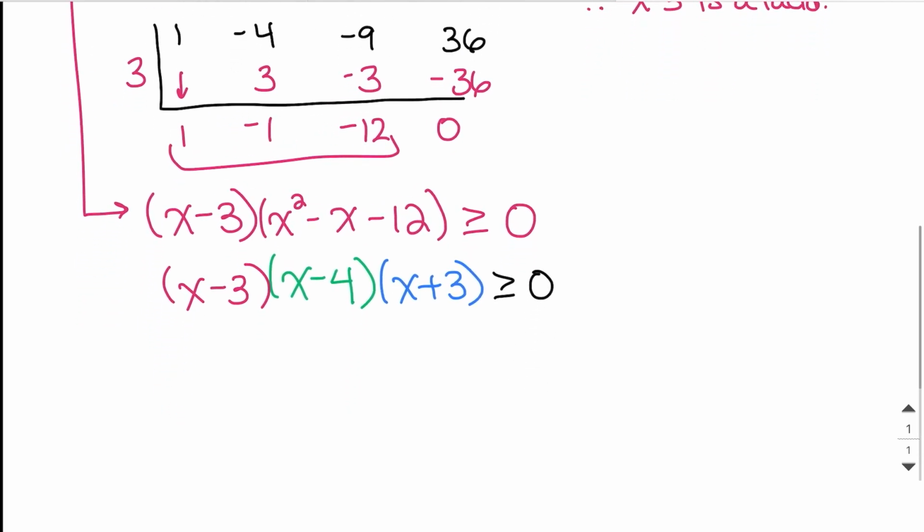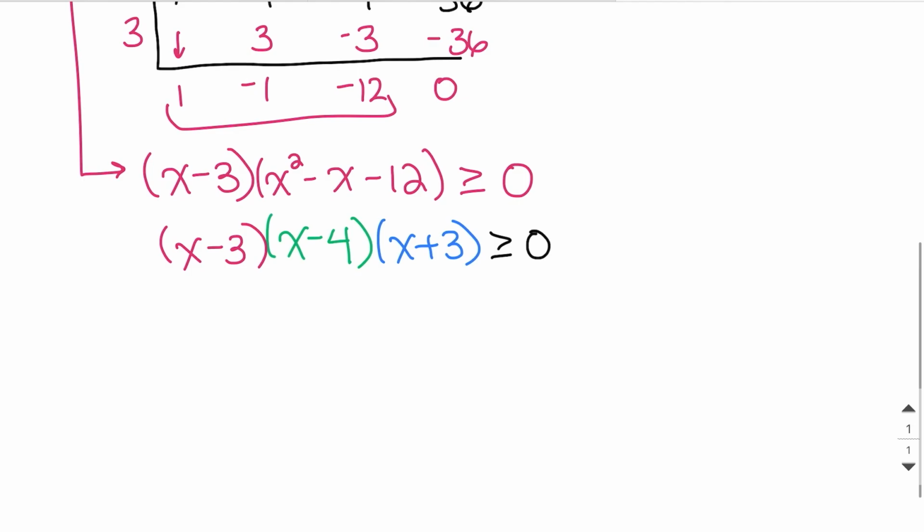Now I'm color coding this on purpose. As of now, nothing is new. The only thing that's new is we have a greater than or equal to symbol instead of an equal symbol. But now what this means is that any value of x that I plug in here, as long as I get greater than or equal to 0, is a possible answer.